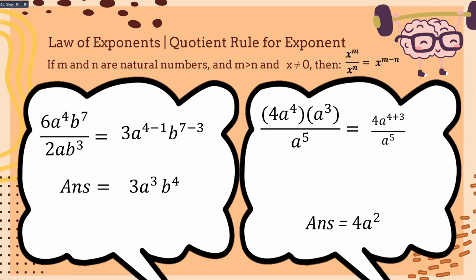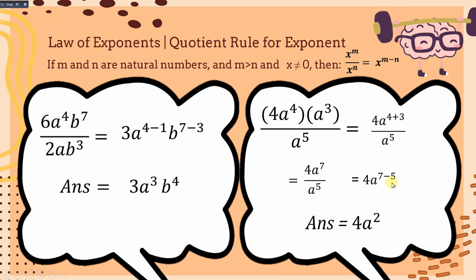And then the answer will be 4a raised to 7 divided by a raised to 5. That equals 4a. Remember, in the quotient rule, we subtract the exponents with the same base. So the final answer will be 4a squared.